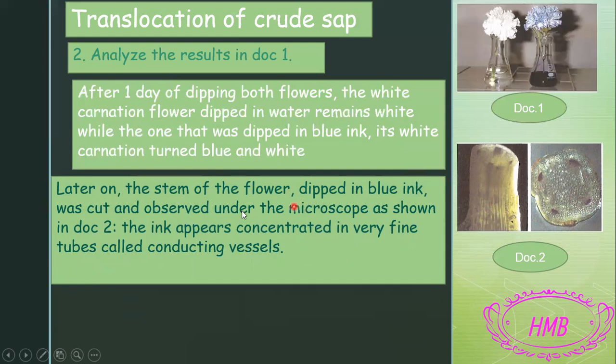They are dark due to the ink. And in this transverse section, we have these ones. They are the ink also in the conducting vessels. So I'm explaining the observation according to the results that they put for us.